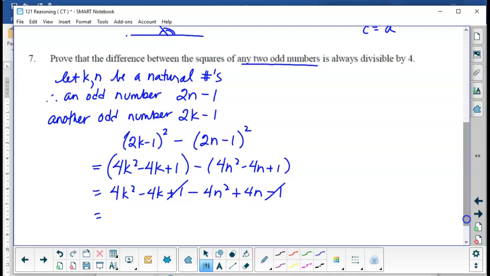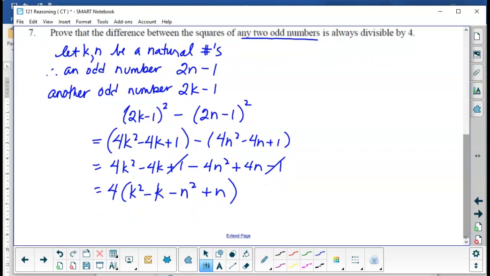Then we have everything here with a factor of 4. So now I can factor out a 4: 4 times (k squared minus k minus n squared plus n). Even though you see each term has a 4 in it, always factor it out. To be a proper proof, we want to see that 4 is a factor. That means it's divisible by 4.